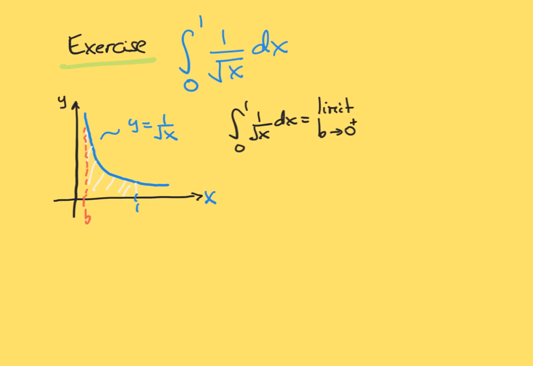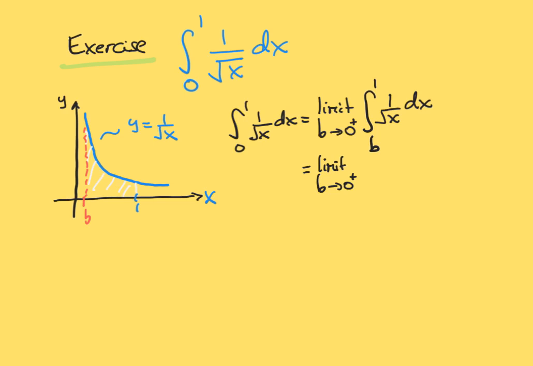It's staying positive. And it's the integral from b to 1 of 1 over root x dx. So this is the limit as b goes to 0 from above of.